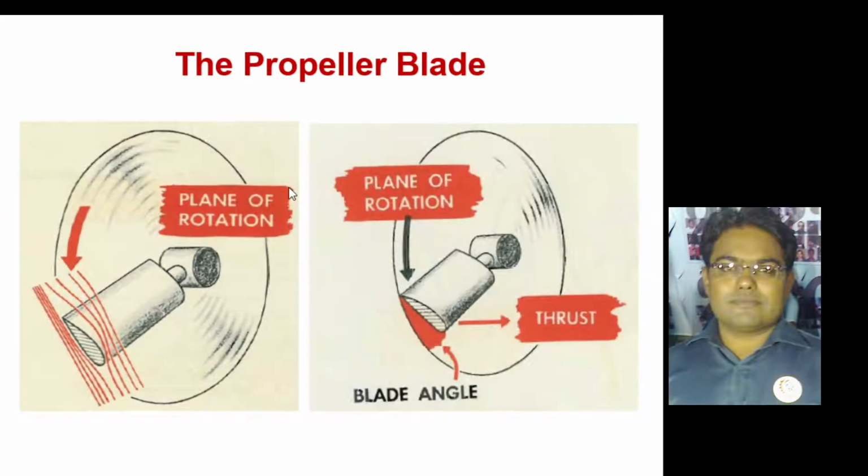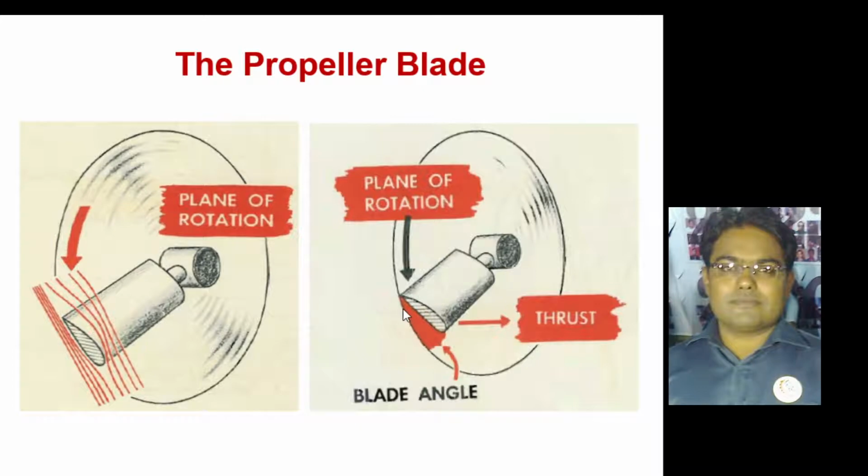So if we look at this plane of rotation, we are just focusing on a single blade. So how are things actually happening? Flow is entering from this side, because this is the point which is facing the flow. So flow is entering from the leading edge, flowing over the surface. When it's flowing over the surface, this is the region where we get basically the blade angle.